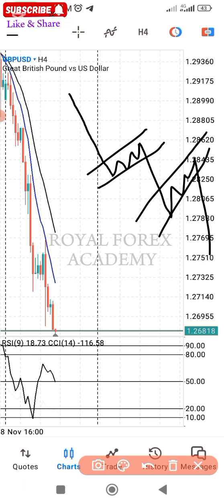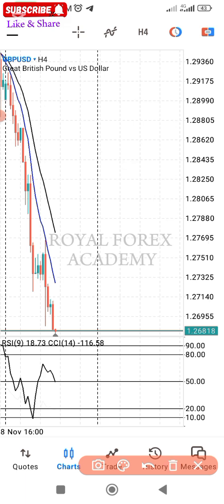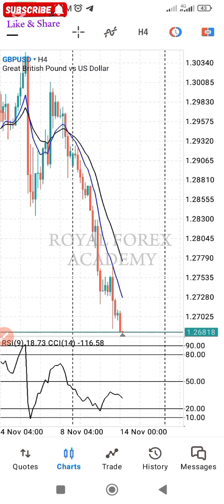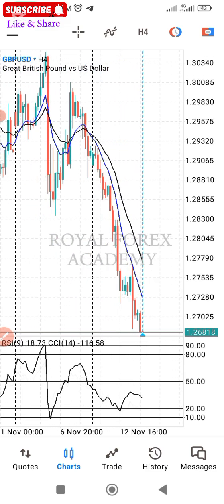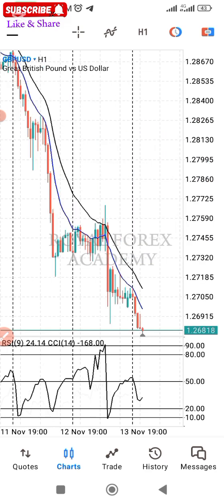And when you separate this particular, you see that it will look more like a flag. So let's go to the chart and see exactly how this looks like. Now you can find this more on a lower time frame. These are often represented clearly on a lower time frame.